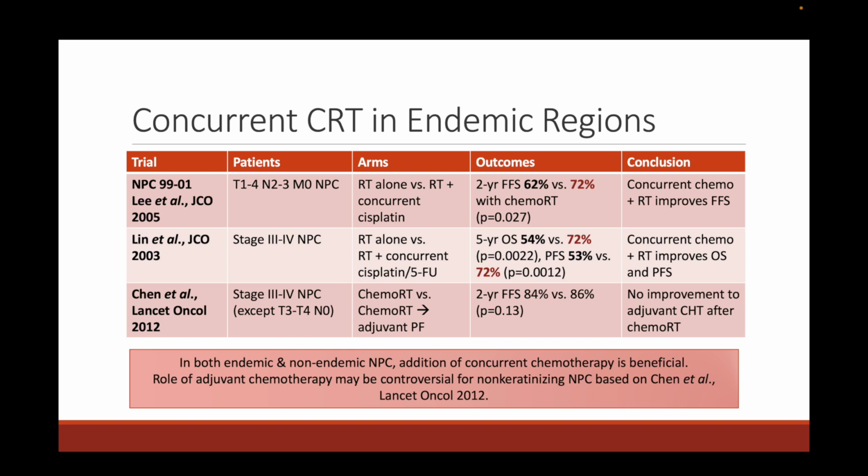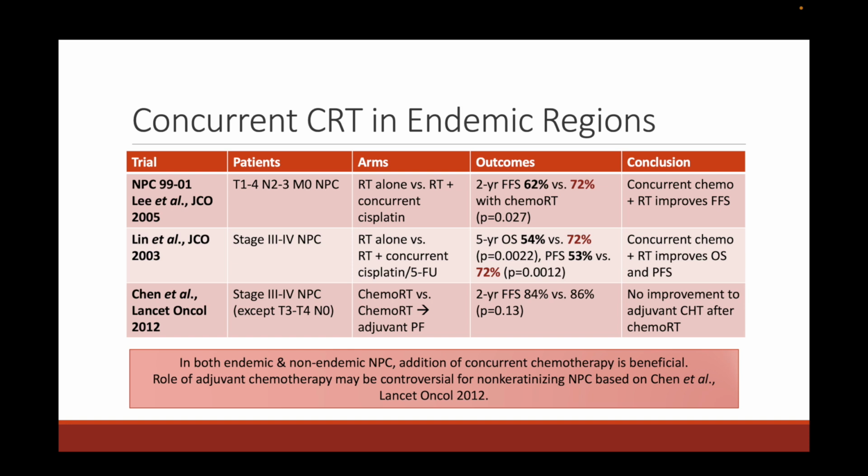That Chen et al. trial from the Lancet might add a little bit of controversy since it was a negative trial, and it might call into question the role of adjuvant chemotherapy for this endemic nasopharyngeal cancer. But I don't think based on this trial, people have concluded that adjuvant chemotherapy should not be done, because we have the intergroup trial.